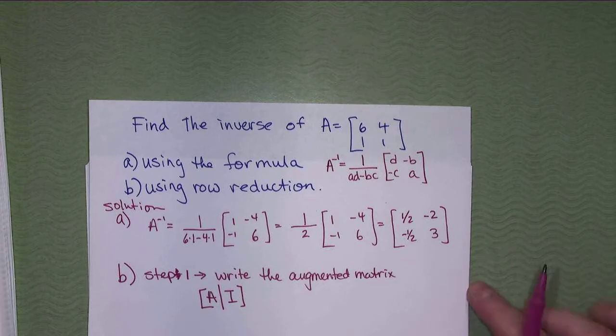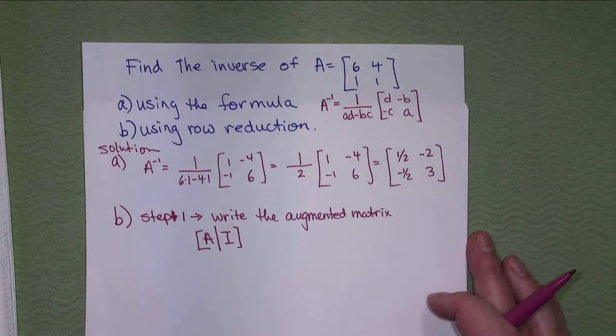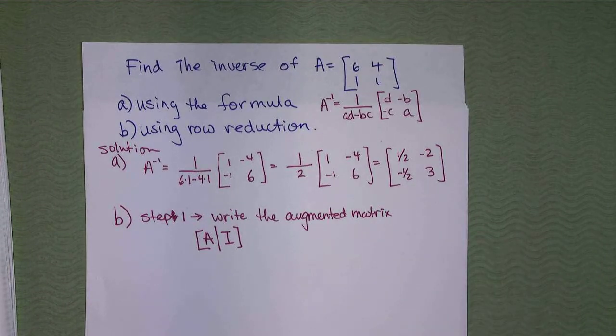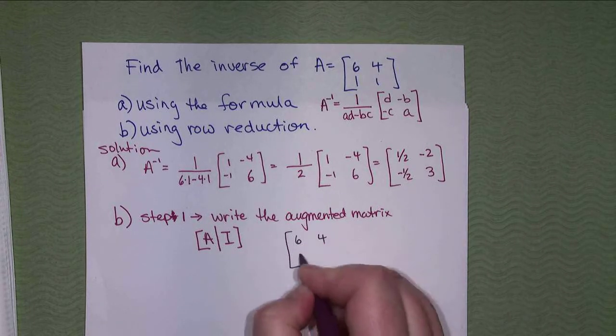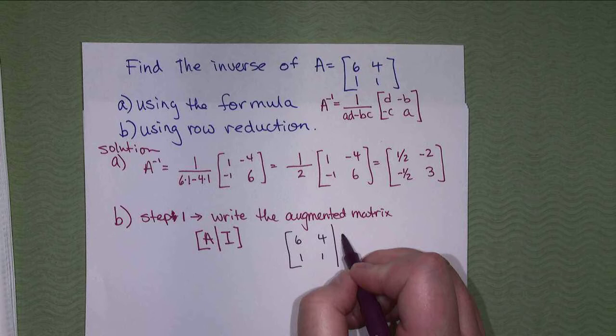So what does that look like? A is 6, 4, 1, 1, and we're going to augment that with the identity. So that's what the first step looks like.